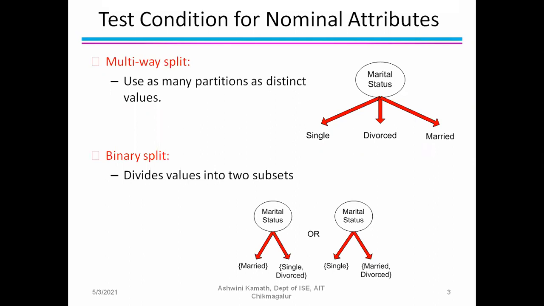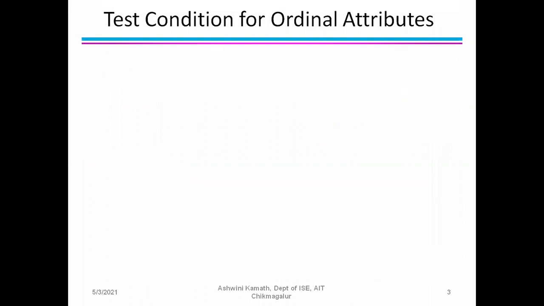Or single in one group, then married and divorced in another group. So it is divided into 2 partitions. Okay. Or single and married into one group, divorced in another group. In all these cases, we have divided the values into 2 subsets. So it is binary split. Only 2 partitions we have. So this is binary split.